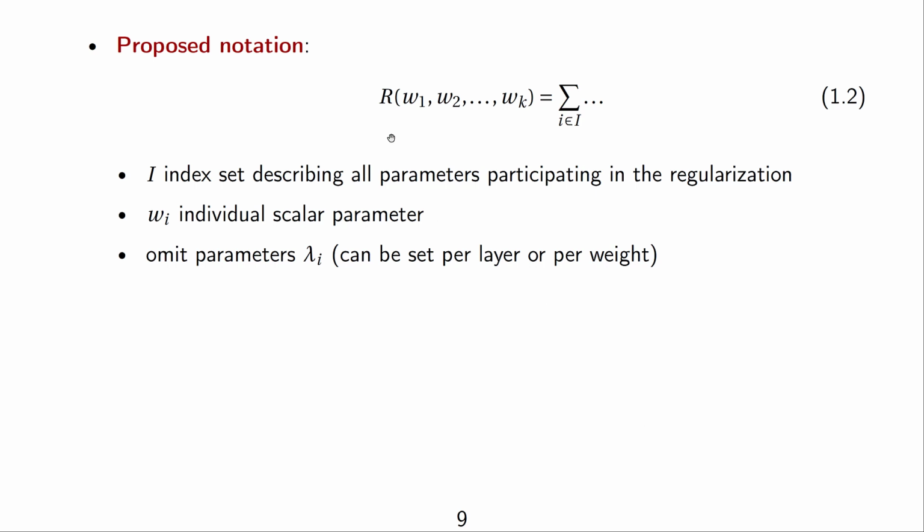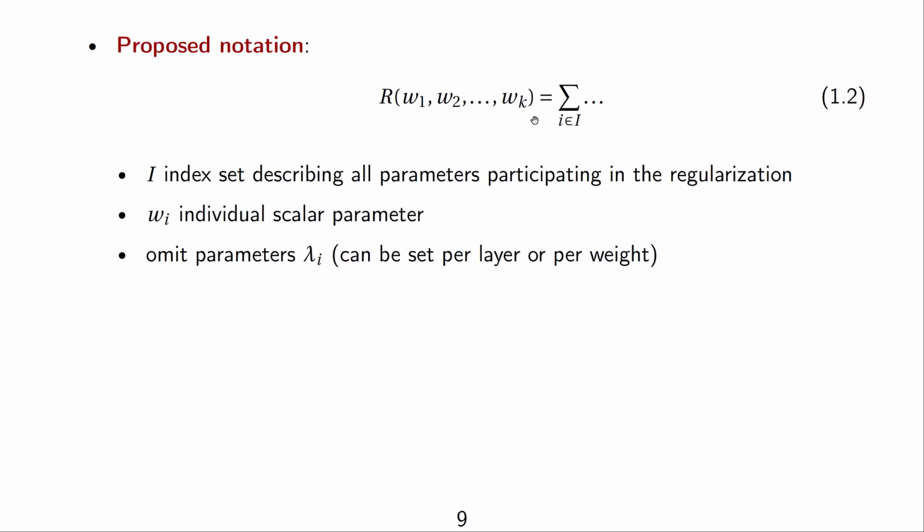For the next few regularizers, I'll simply use this notation where you want to regularize a set of weights. So this k is the same index as before, but it just means we have a bunch of weights, and these are scalar weights now. And so then we'll sum up over something where i is in an index set.